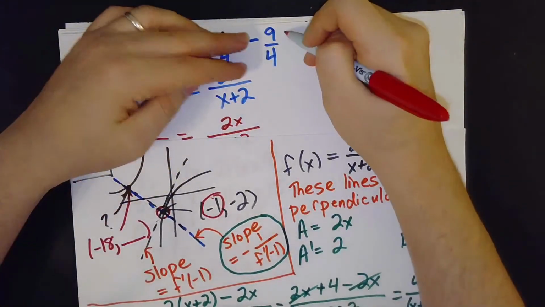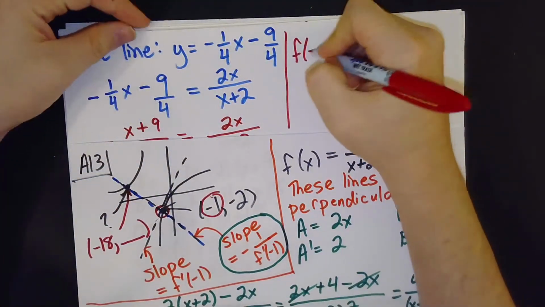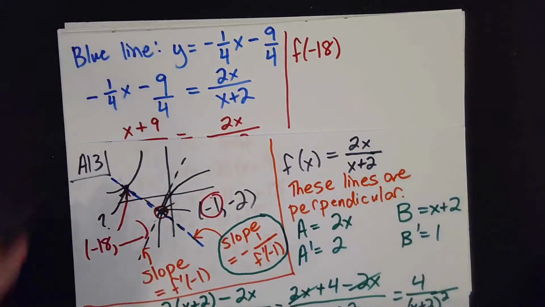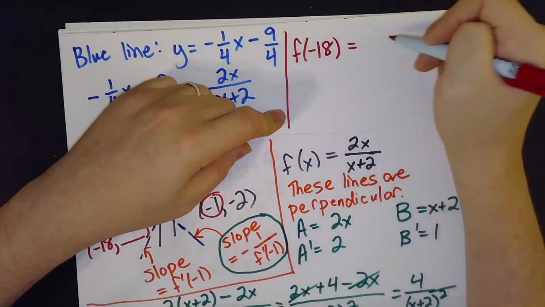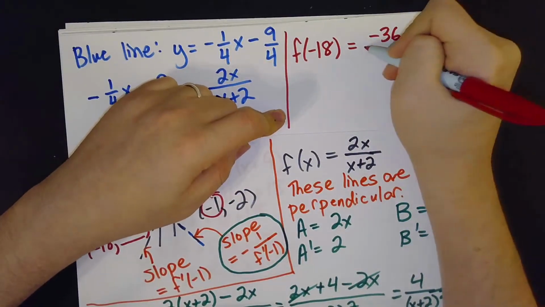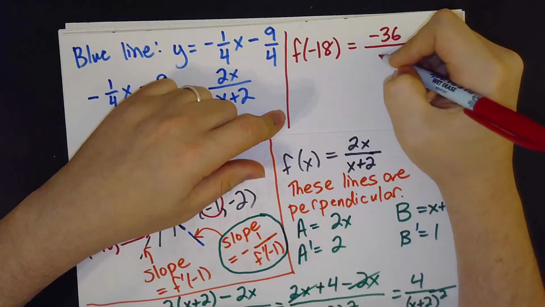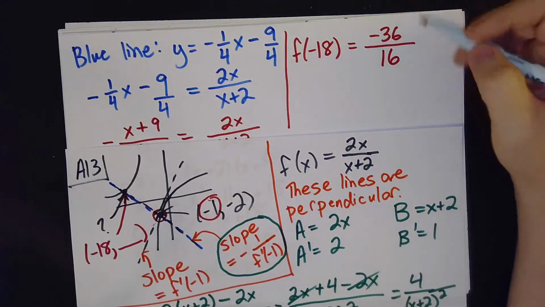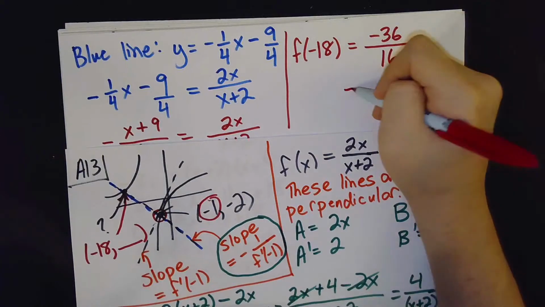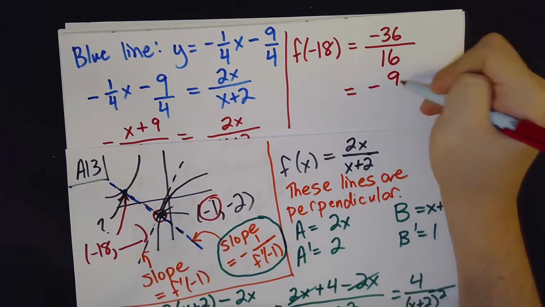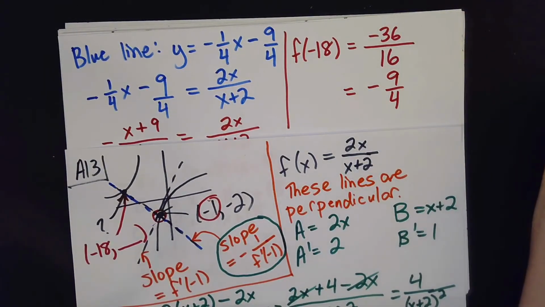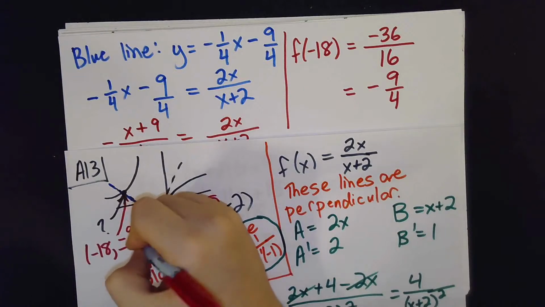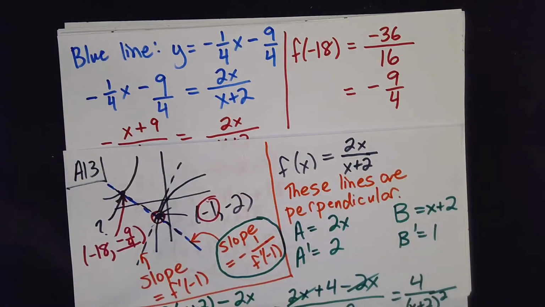So f of minus 18, that's going to be equal to negative 36 divided by 16. Okay. And I can divide both of these things by 4. And so that will be minus 9/4. Okay. And that will work out as that.